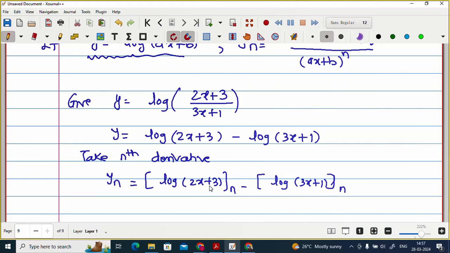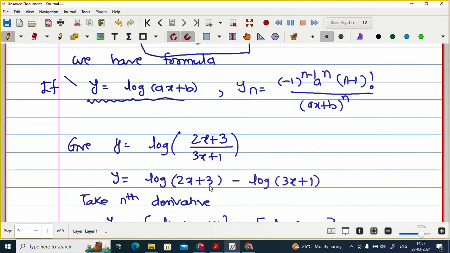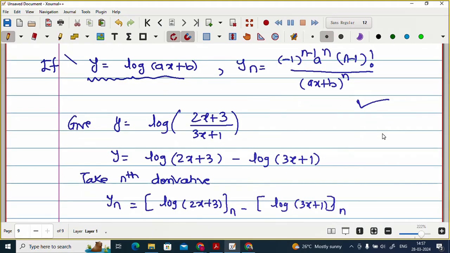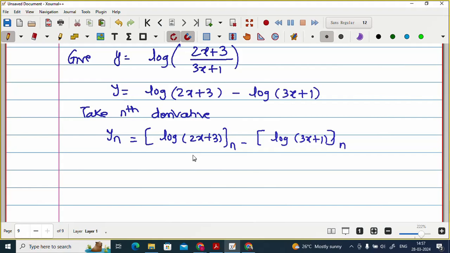Okay, so just apply this formula for log ax plus b. It is minus 1 raised to n minus 1 a raised to n minus 1 factorial upon ax plus b raised to n. So for this, what is a? A is 2, b is 3, और यहाँ पे a is 3, b is 1.